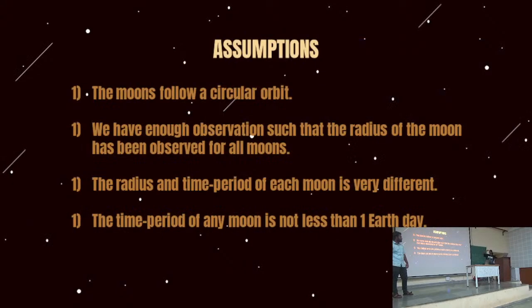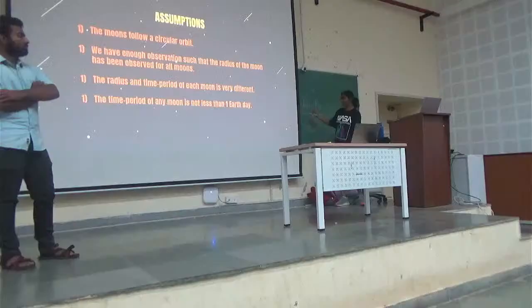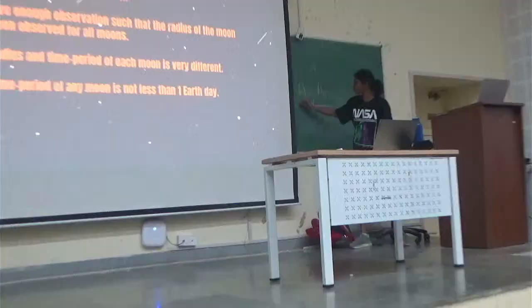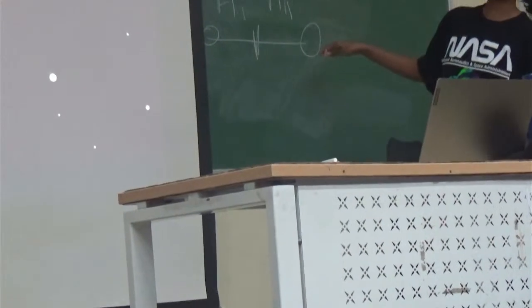We have made a bunch of assumptions. The moon follows a circular orbit, as I already said. We have enough observations, so as I said, we'll be looking at the moon like this, and we assume the moon was at each position at least once throughout our observation.